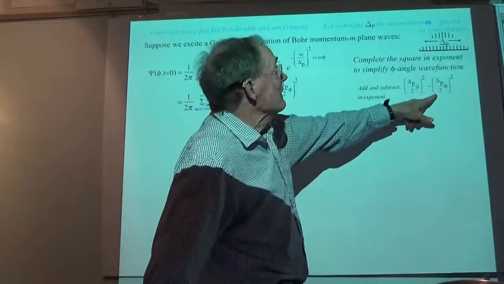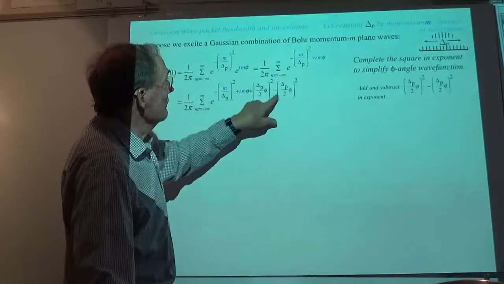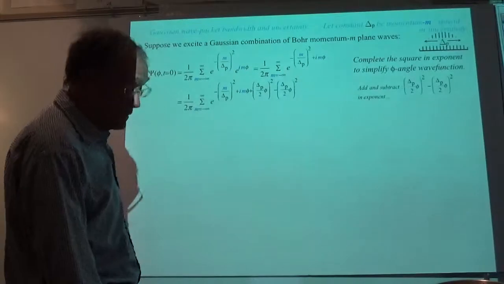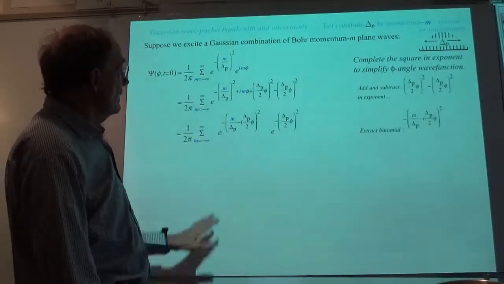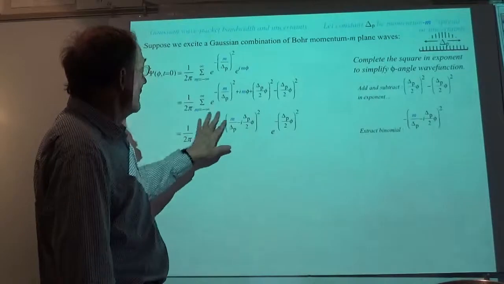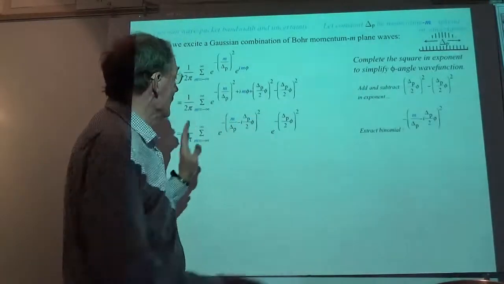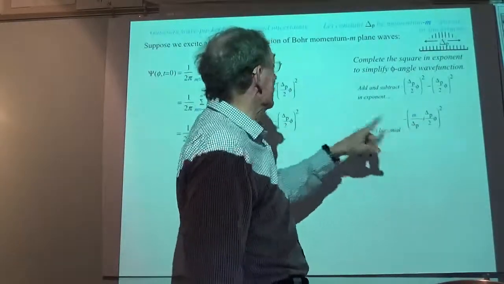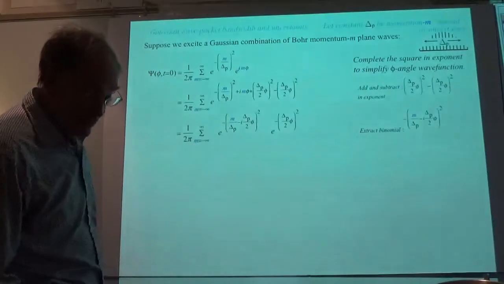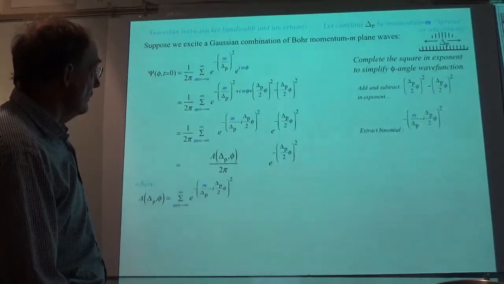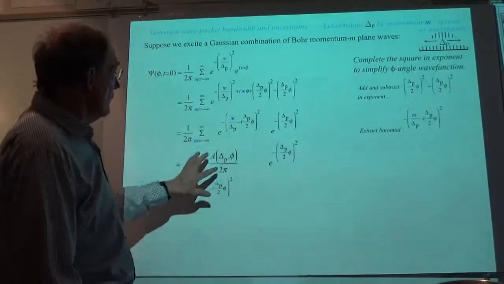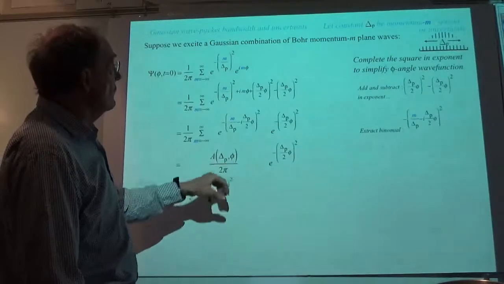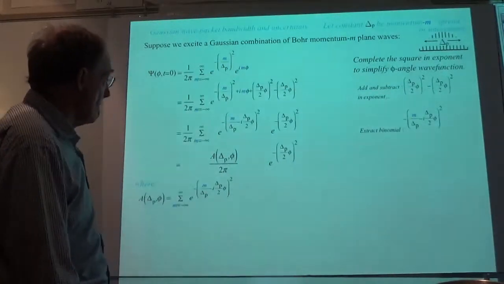Add and subtract this quantity right here, and you've got a binomial here and this thing hanging off the side. That's the basic idea, that this sum right here over m is being multiplied, the whole thing, by that. So we extract the binomial from that, and that's the thing we're going to play with. We're going to fiddle with that. The basic idea is that this thing right here is a distribution in angle, whereas this was a distribution in momentum.